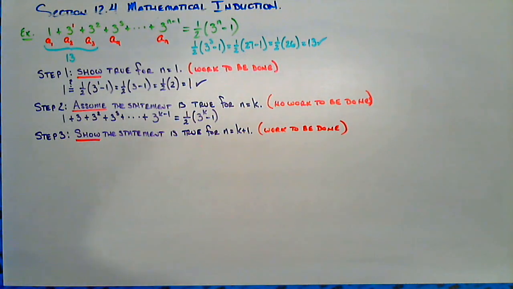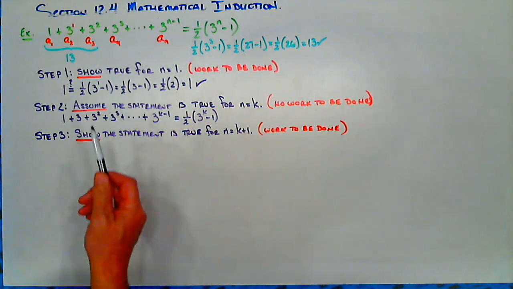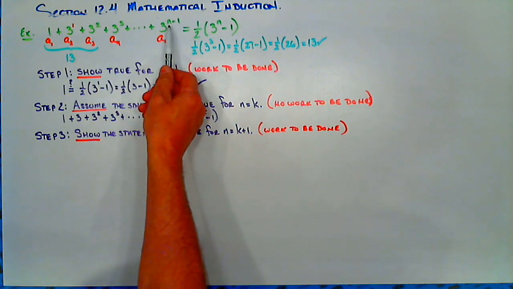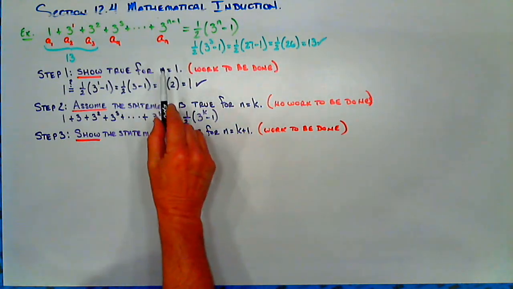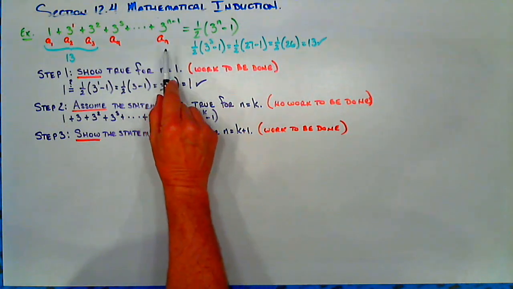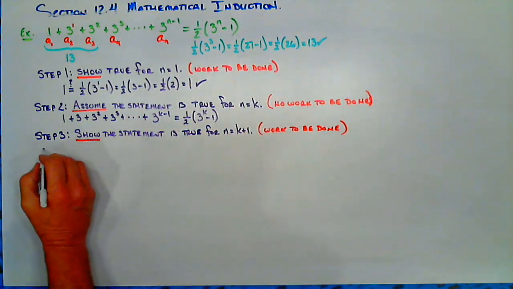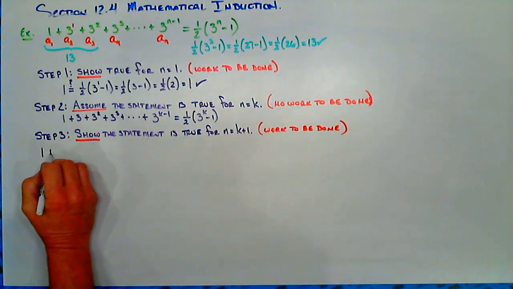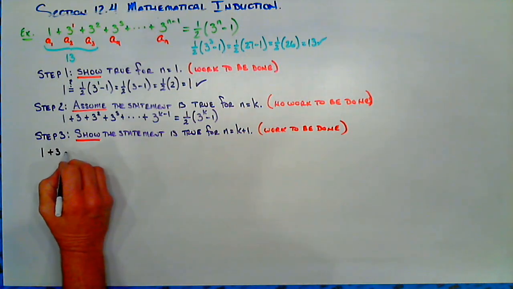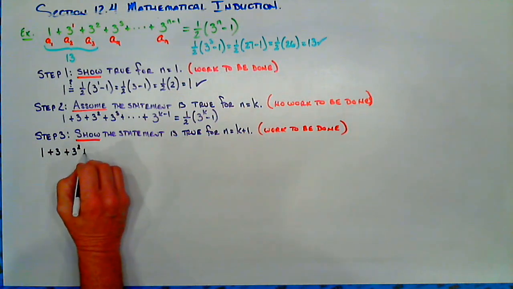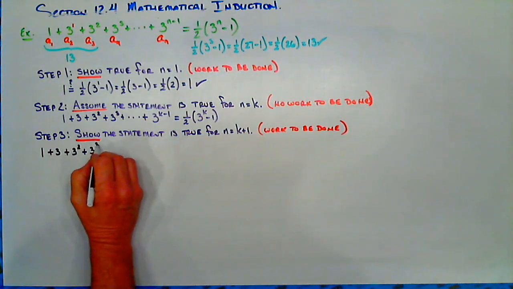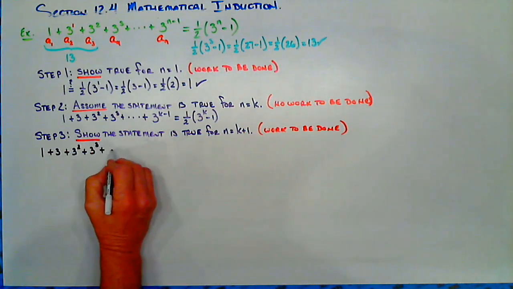So what are we going to do? If you remember the previous example, we're going to rewrite this. We're going to go all the way to the k plus first term. We're not going to go to the kth term. We're going to go to the next term. So we're going to get 1 plus 3 plus 3 squared plus 3 cubed plus.